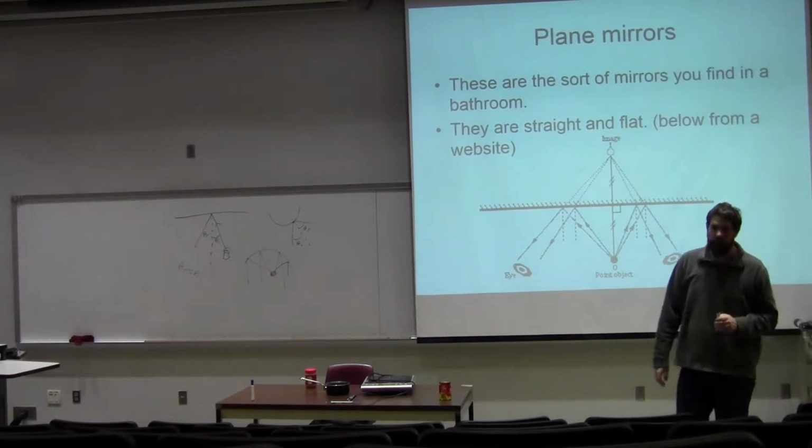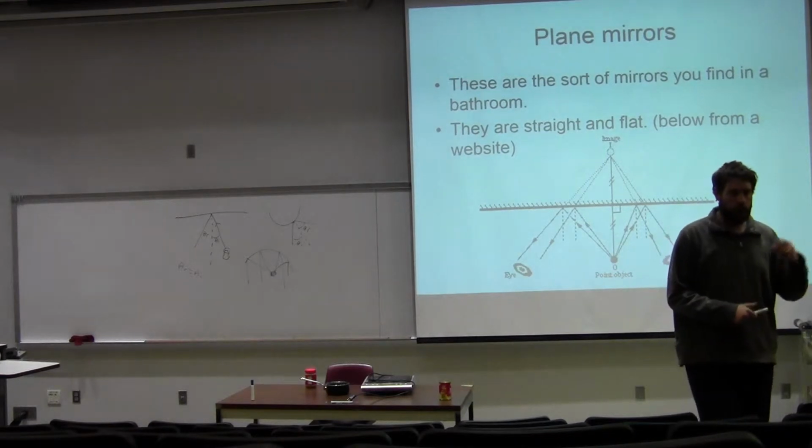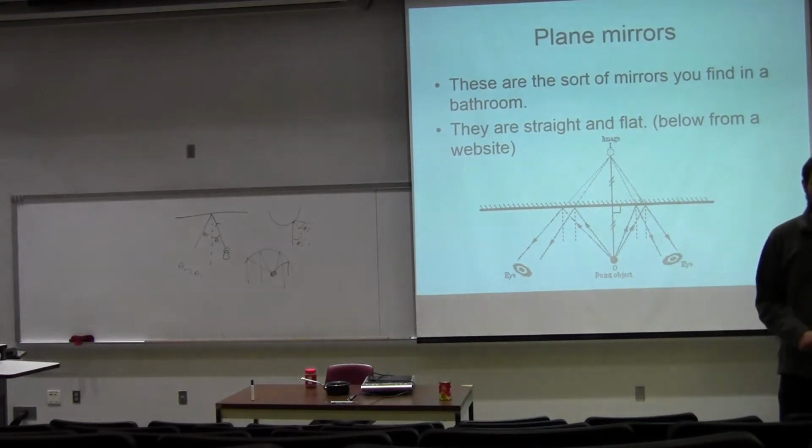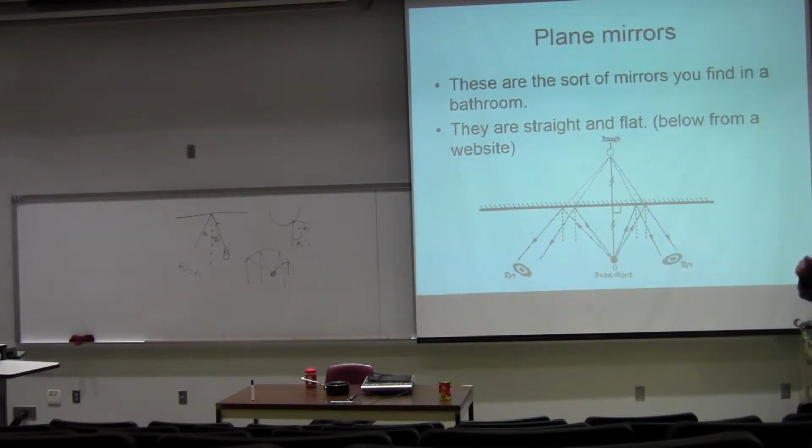Now there are two different types of images. There are real images and imaginary images. If there is no actual light at the location of the image, we call this an imaginary image, because the image appears to be there, but it really is not. There's actually nothing there.